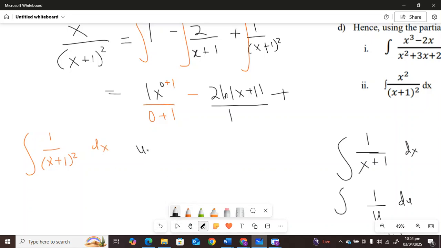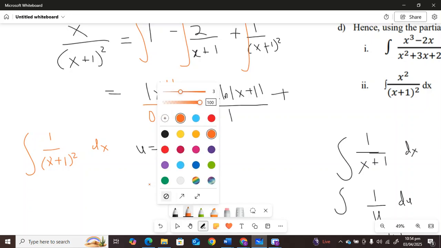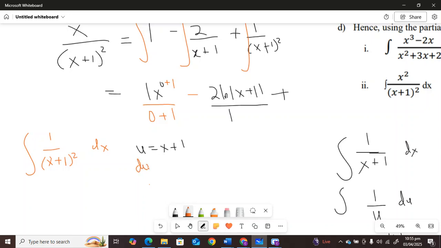So you say u equals x plus 1. Derive u. So du, when we derive x plus 1, that is 1. Then you put dx here.